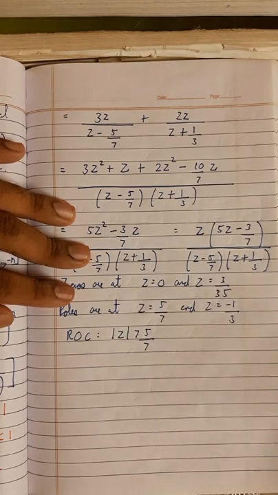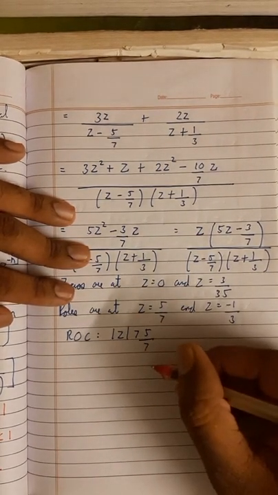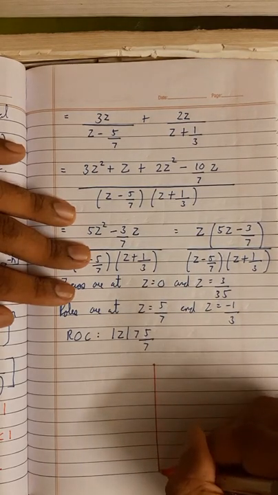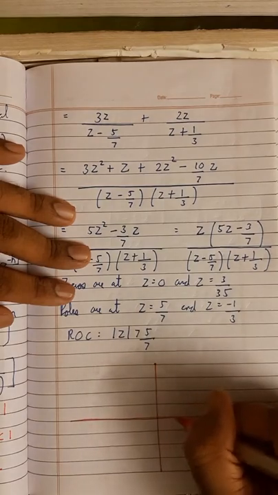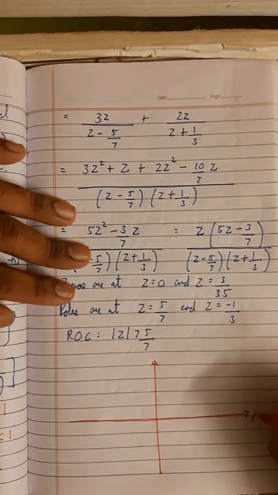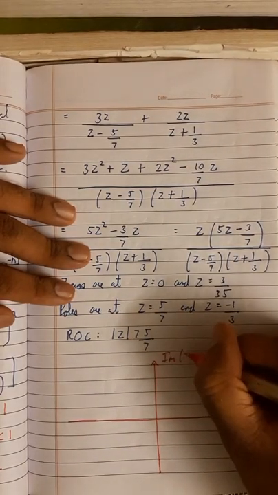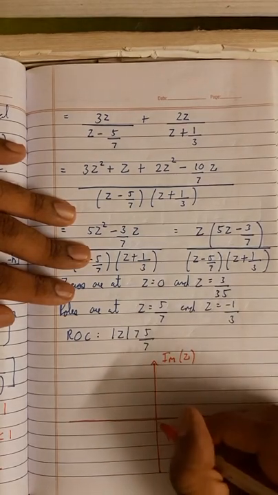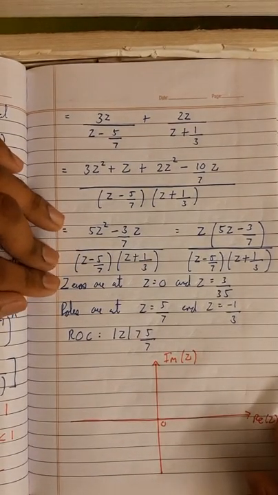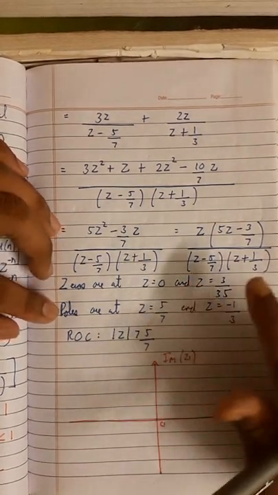So now let's draw my region of convergence. Okay, so this is my region. Let me draw it. Okay, so this is the real part of z, this is the imaginary part of z. Okay, this is z is equal to 0, this point. Alright, so now poles, we know zeros we represent by putting a circle, poles we represent by putting a cross.